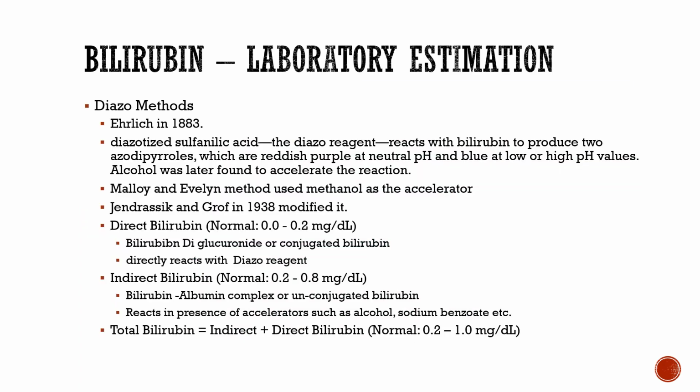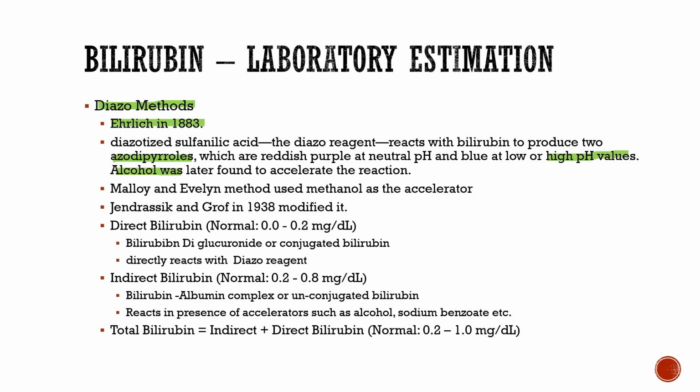How will you identify or estimate bilirubin in the laboratory? Diazo methods are the common methods used in the laboratory, which were earlier introduced by Ehrlich in 1883. Diazotized sulfanilic acid, the diazo reagent, reacts with the bilirubin to produce two azopyrroles, which are reddish purple at neutral pH and blue at low or high pH values.